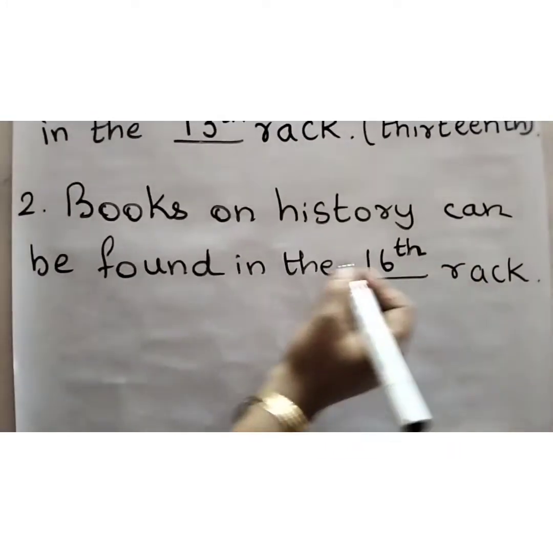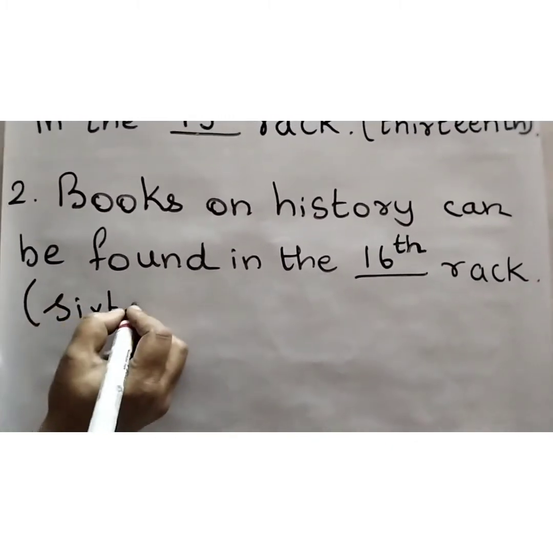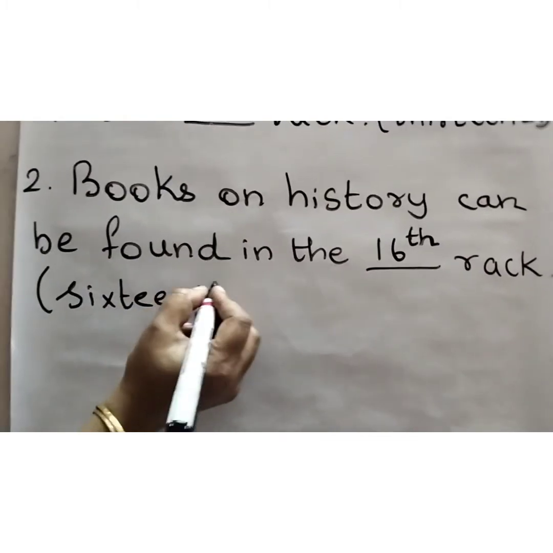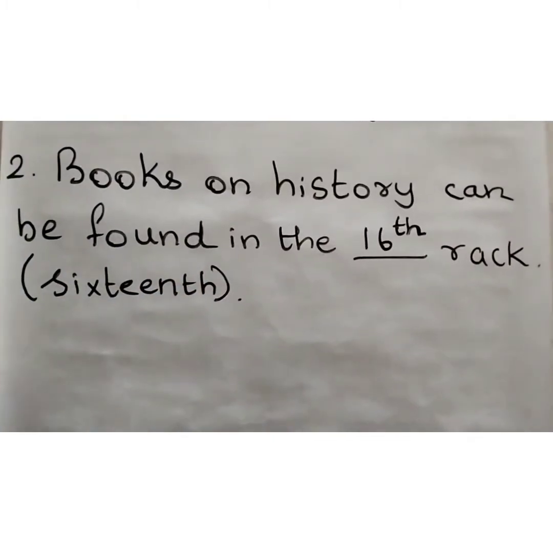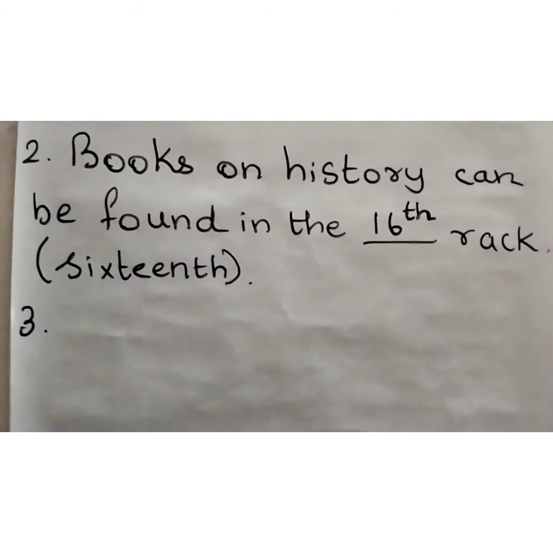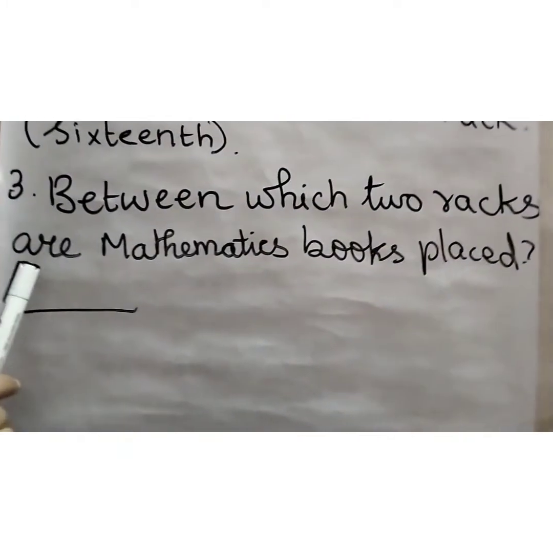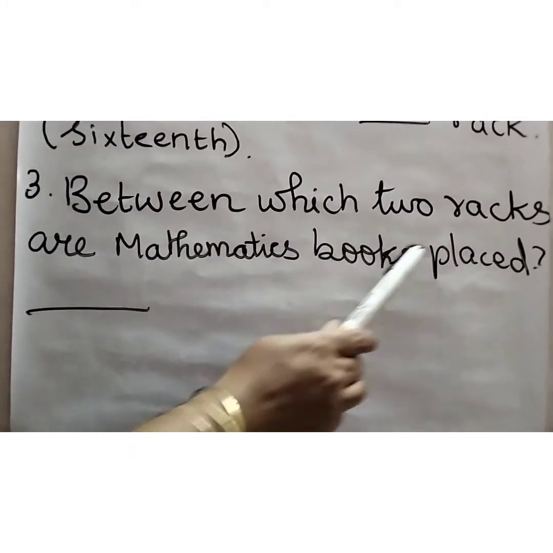16th rack. Okay, children. If you want to write the spelling, write here 16th. No need of spelling, children. Suppose if you want to be familiar with the spelling also, so write like this. Between which two racks are mathematics books placed?